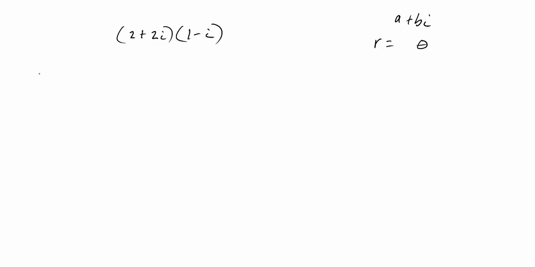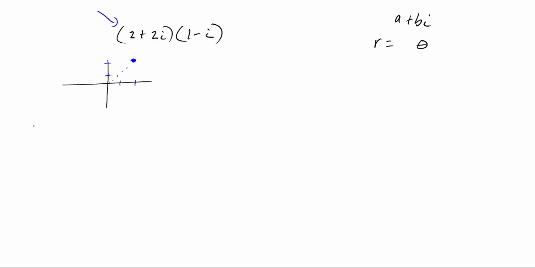So if we start with the first one here, 2 plus 2i, then I would start first of all by looking at where is this located. Well, we're going over 2 and then up 2. So that complex number is going to be located here in the first quadrant.